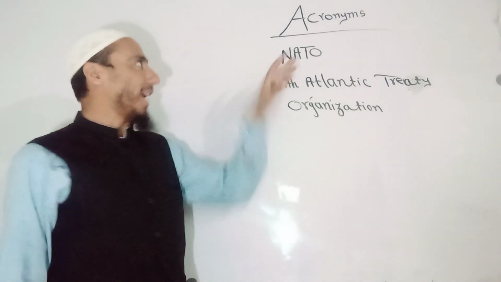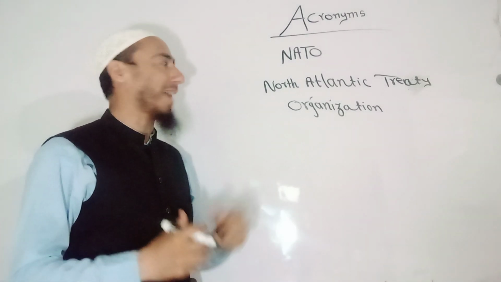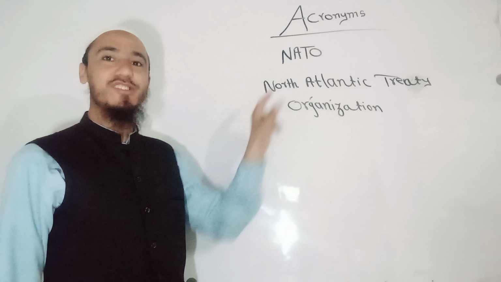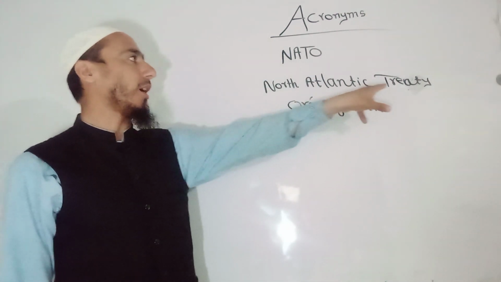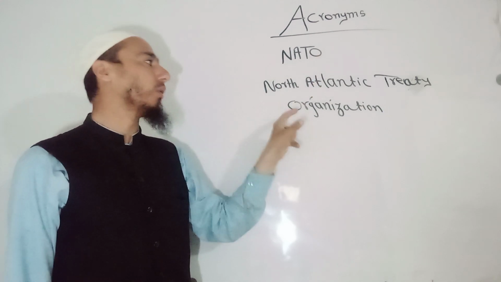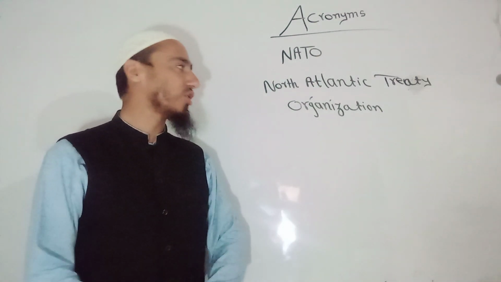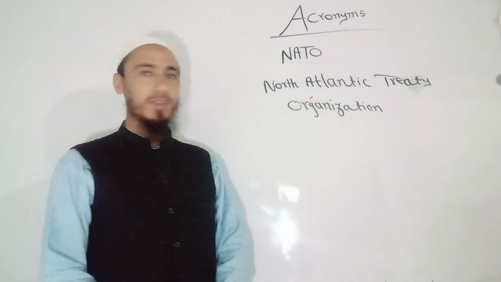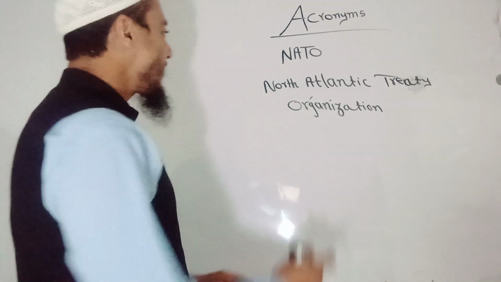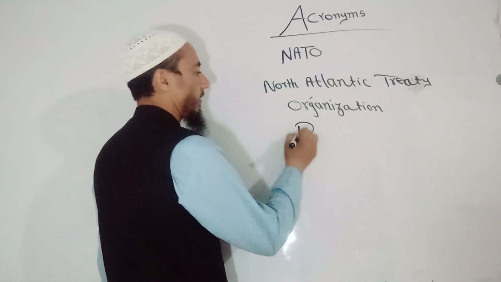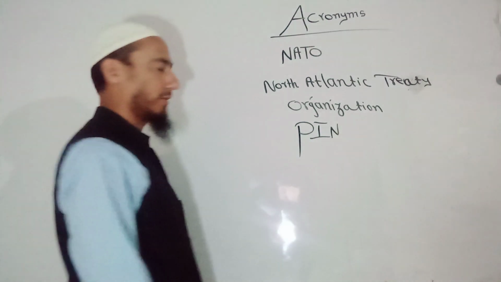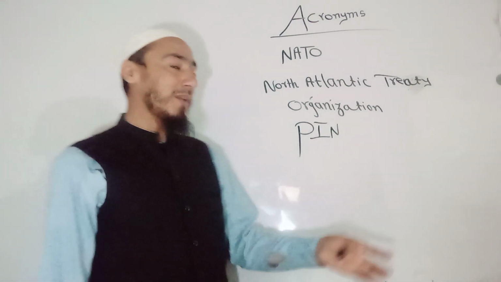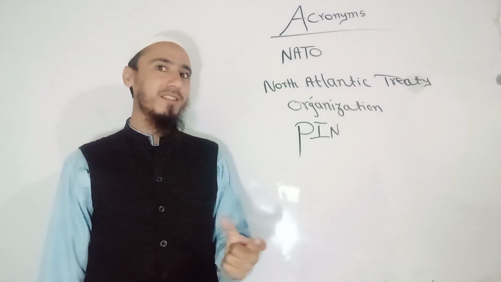So now, how to form acronyms? Just take the initial letter. N was taken, then A was taken, after that T was taken, and O. So North Atlantic Treaty Organization. Take the example of PIN. Sometimes you may ask a person, what is your PIN?